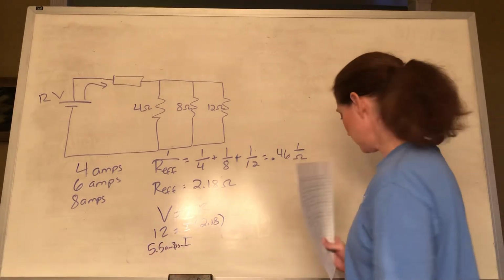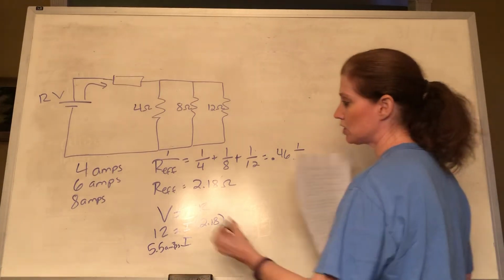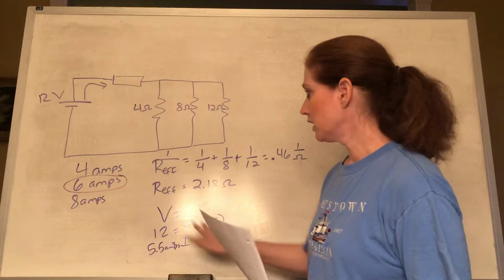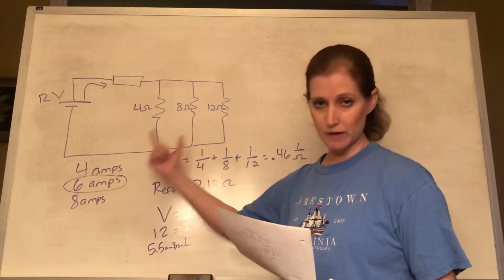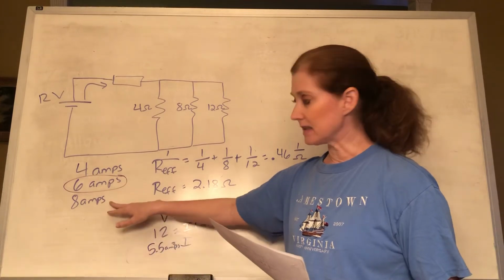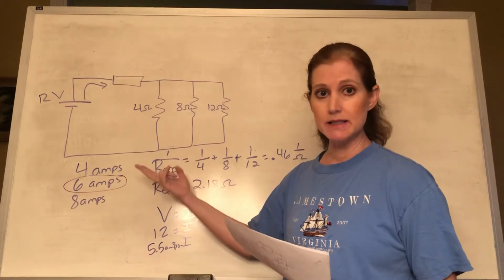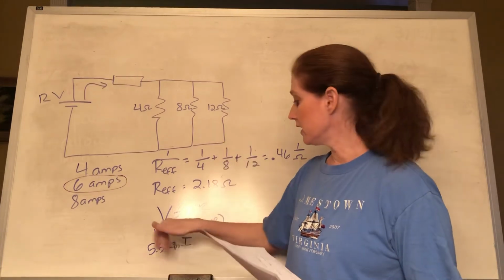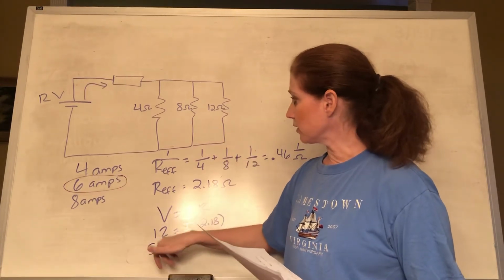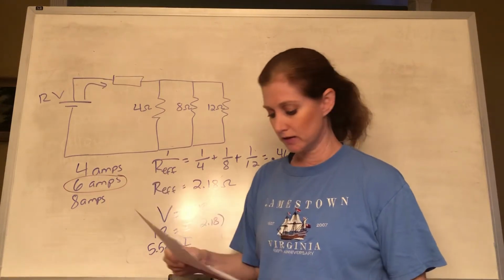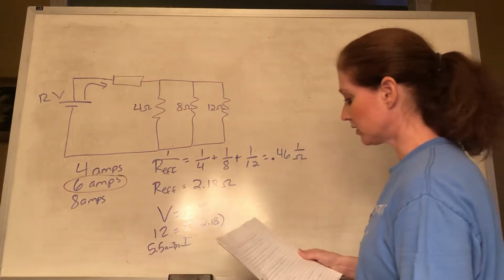All right, so in this case, we would choose the 6 amp fuse. For 4, obviously, the thing will never work because it'll keep shutting off. 8, we don't want to allow too much because then it will overheat and possibly cause a fire. So 5.5 is what we have. So 6 is a good fuse to put on there.